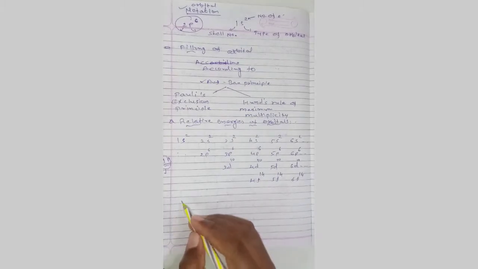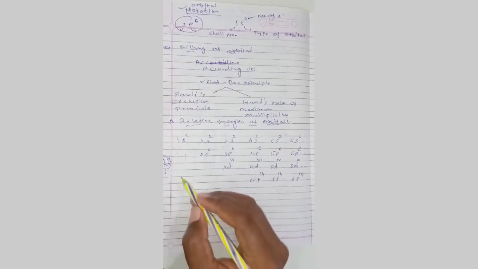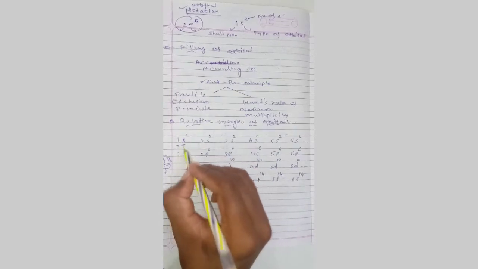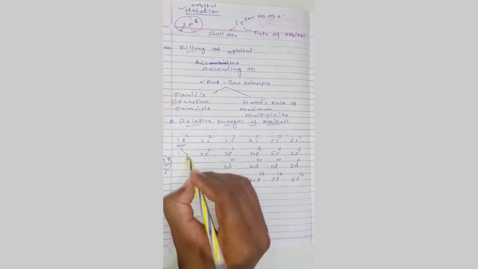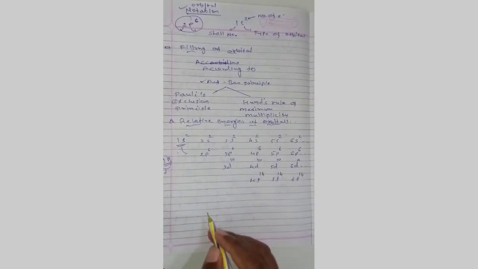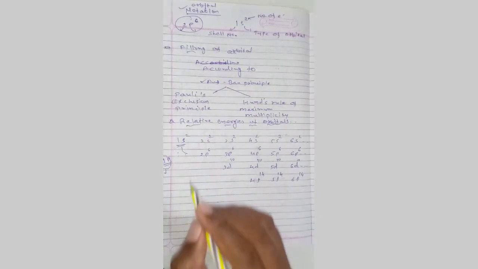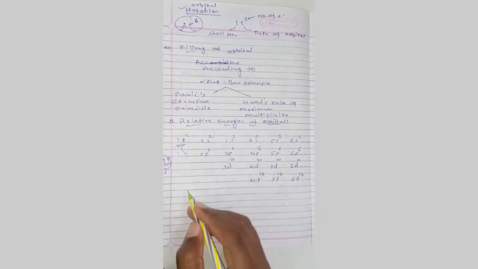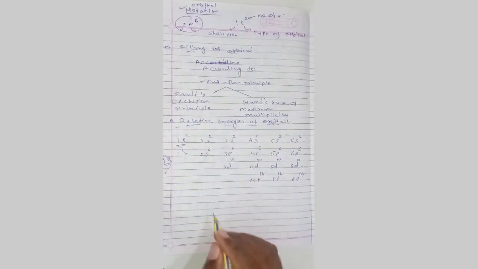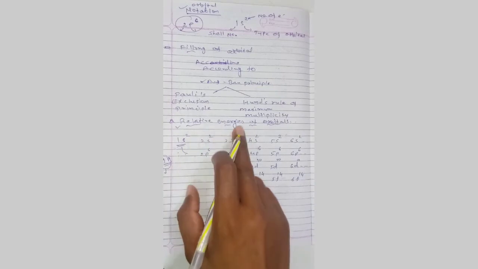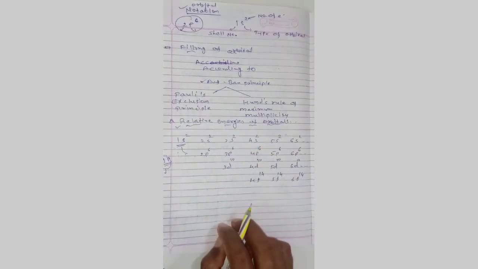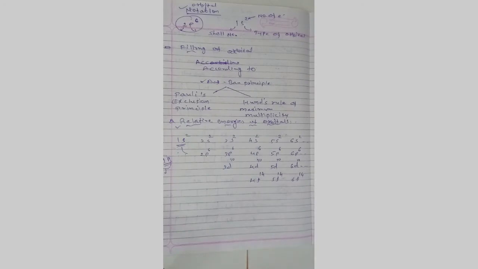So basically electrons enter into the orbitals and we need the concept about order of orbitals. So for order of orbitals we need to calculate relative energies of orbitals, because Aufbau principle says that electrons first enter into the lowest energy level orbital and then it enters into the higher energy level orbital.